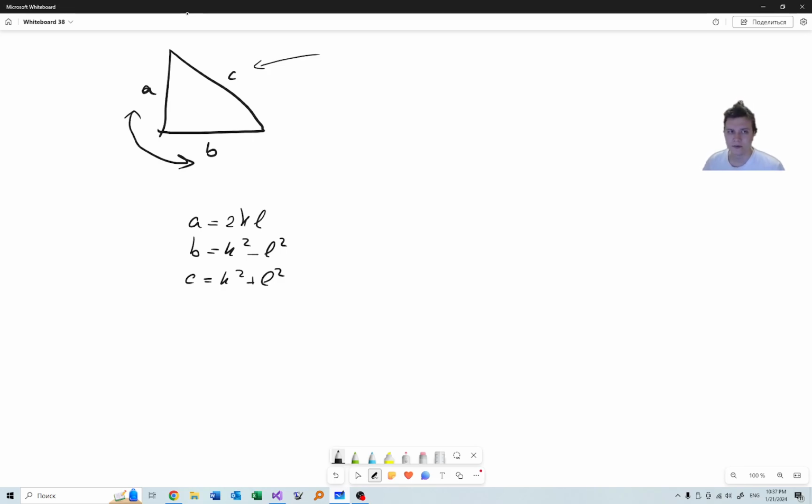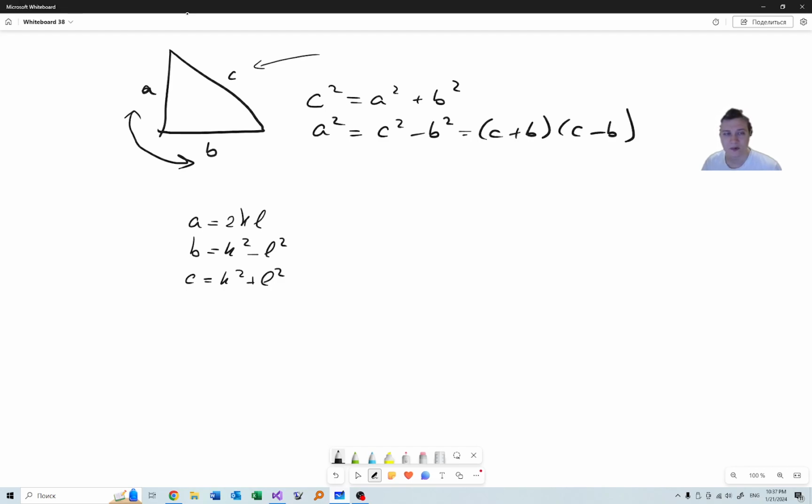And then, okay, let's actually prove it. So I take c squared equals a squared plus b squared. This means that a squared is c squared minus b squared, which is c plus b times c minus b.